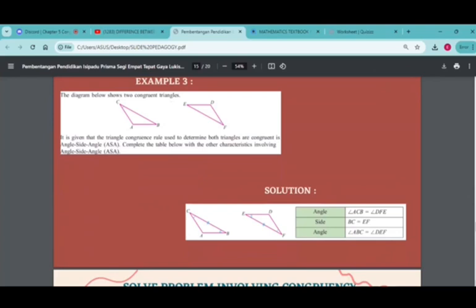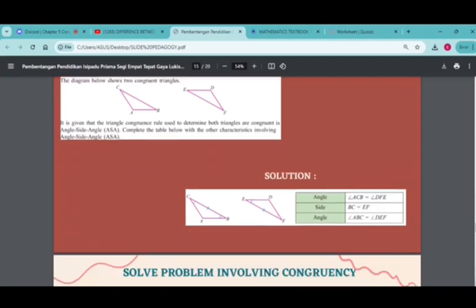Okay, L, can you answer my question? What is the solution for example 3? You can read the answer I gave just now and explain for me.